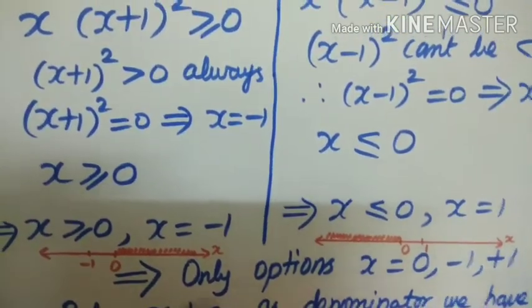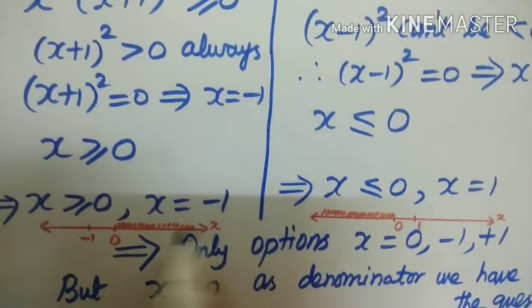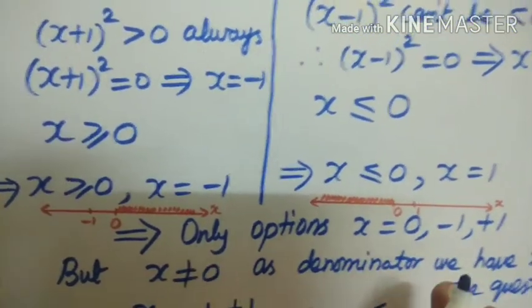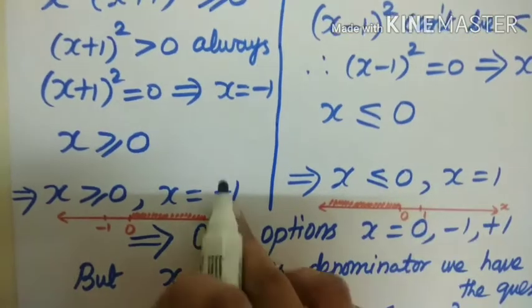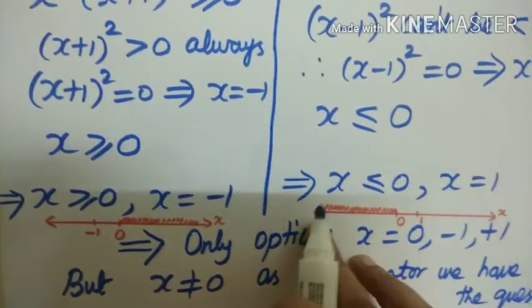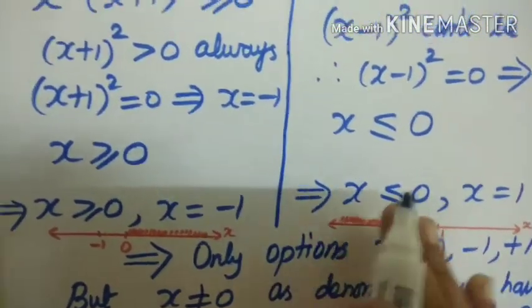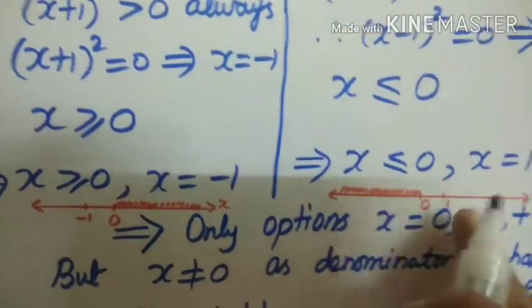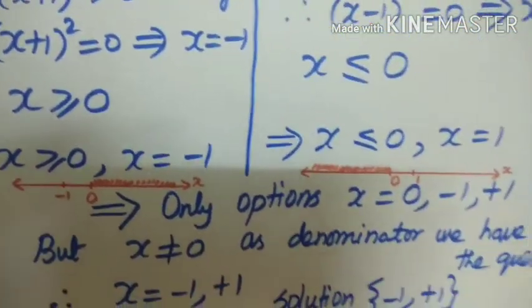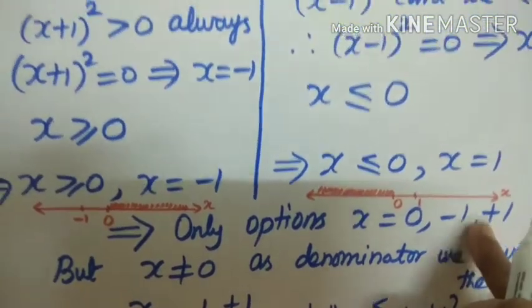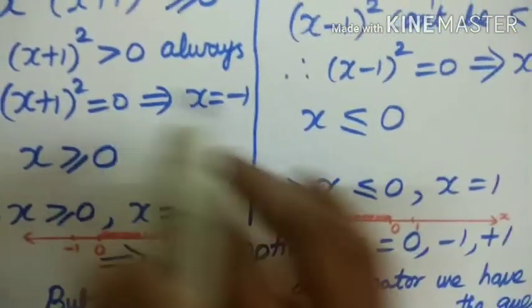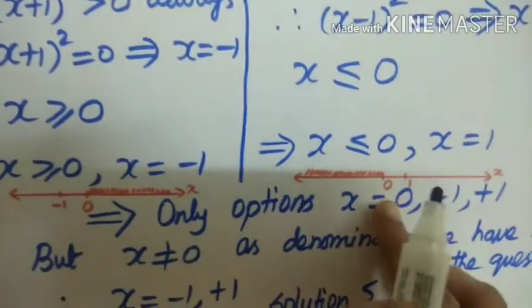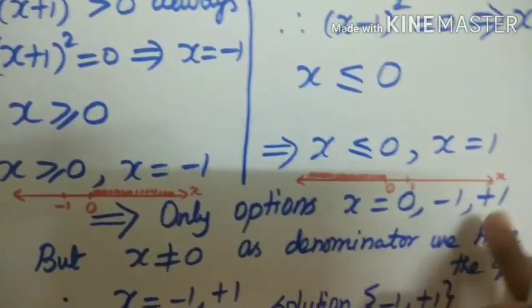So what are the common portions? In both places I get 0, one option correct. Here I get 1, here I get minus 1. But a common shaded portion is not there. Here less than 0, here greater than 0, so I cannot write both. So the only options are three different numbers which yield the equal to 0 condition alone: 0, minus 1, plus 1.